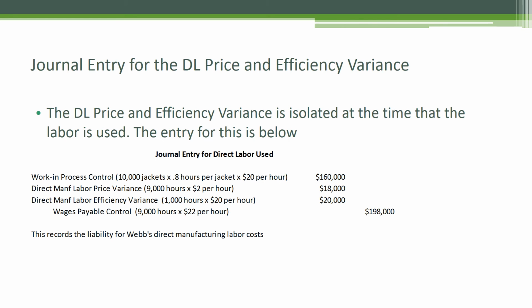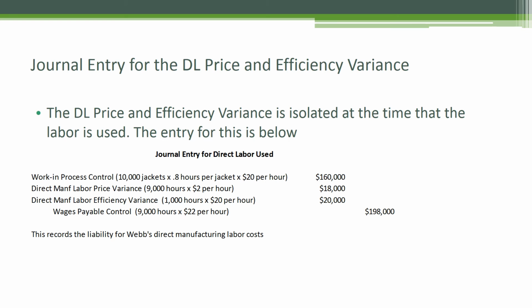This was the difference between how much we thought we would pay our labor, which was $20, and how much we did pay our labor, which was the $22. So that gives us an $18,000 unfavorable variance. And once again, unfavorable means a debit balance. And then the efficiency variance for our labor, which was the difference between the 9,000 and the 8,000, so 1,000 hours times our $20 an hour, gives us the $20,000 debit balance for the unfavorable variance.